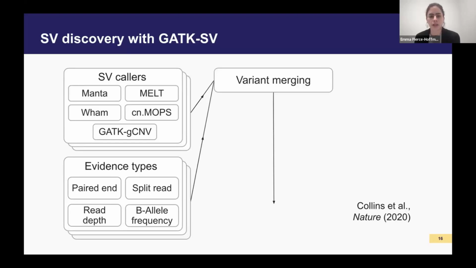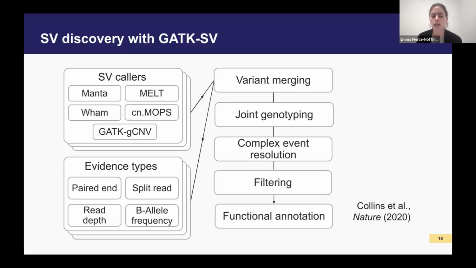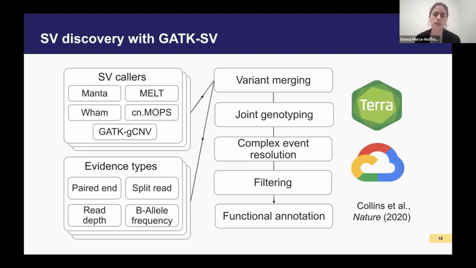Then we perform variant merging to reduce redundancy, joint genotyping of all sites across all samples. We resolve complex rearrangements, perform filtering to improve specificity, and annotate predicted functional consequences and allele frequencies. And this pipeline is designed to run in the Google Cloud Platform, and we applied it in the Terra interface to produce this All of Us data.